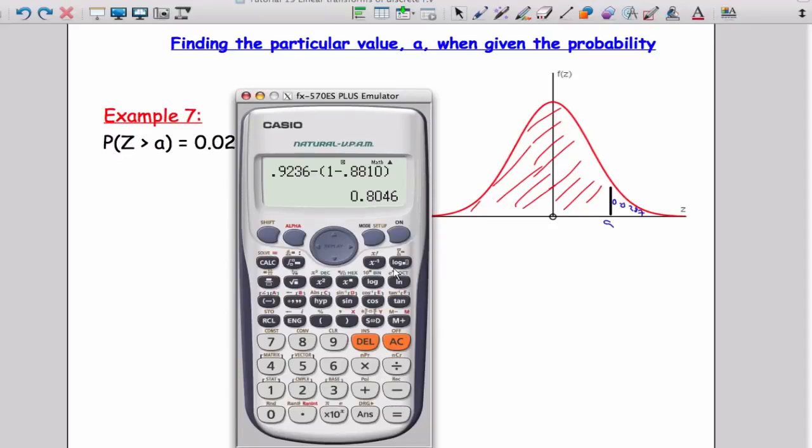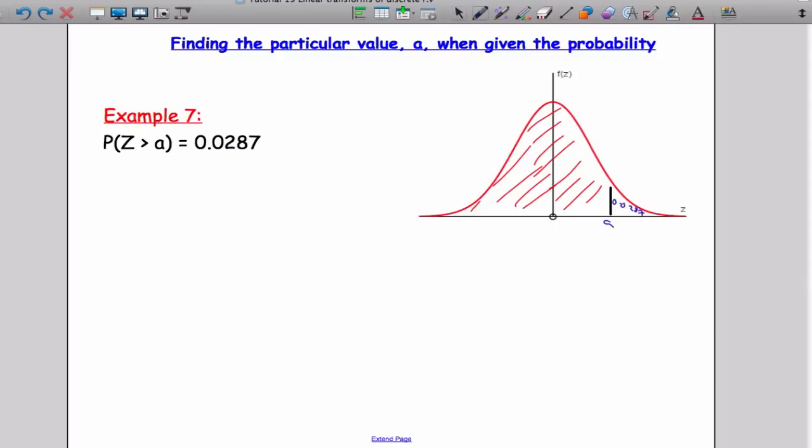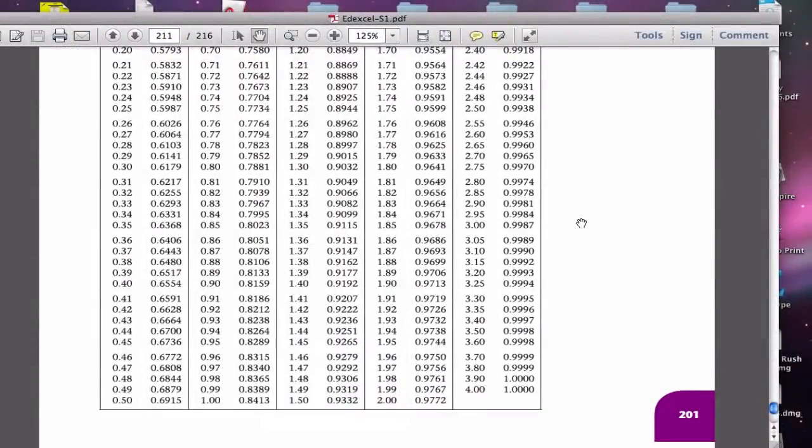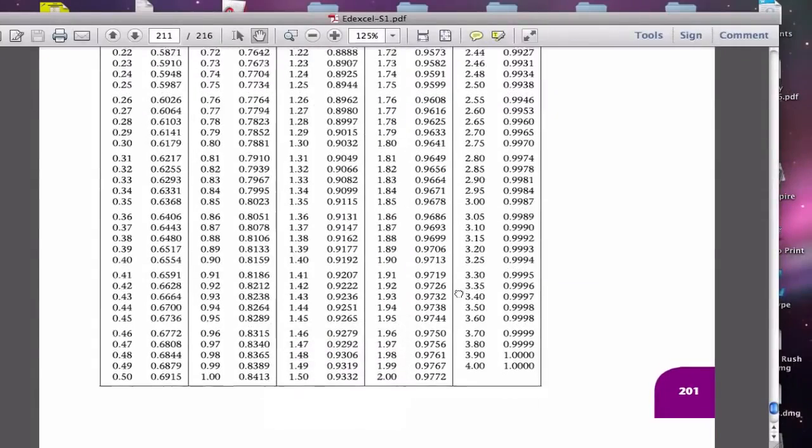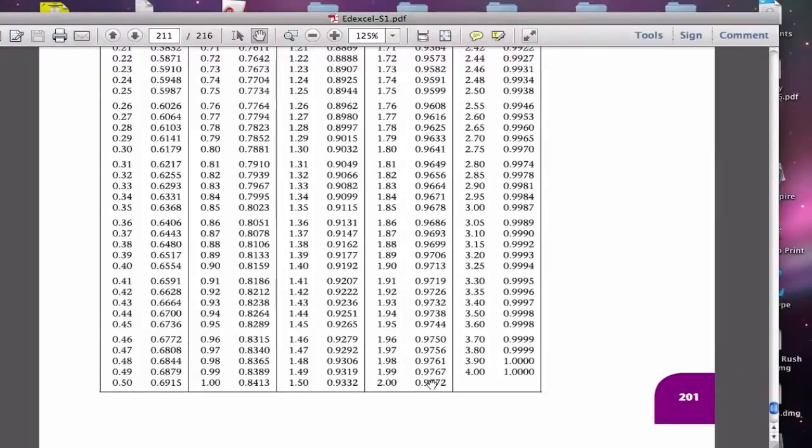If that is 0.0287, then I can work out what everything here is. So if I do 1 minus 0.0287, that gives me 0.9713. So I know that this section here is 0.9713. Now I will be able to use my tables to find this out because the probability is greater than 0.5. Let's go back to our table. The value is 0.9713.